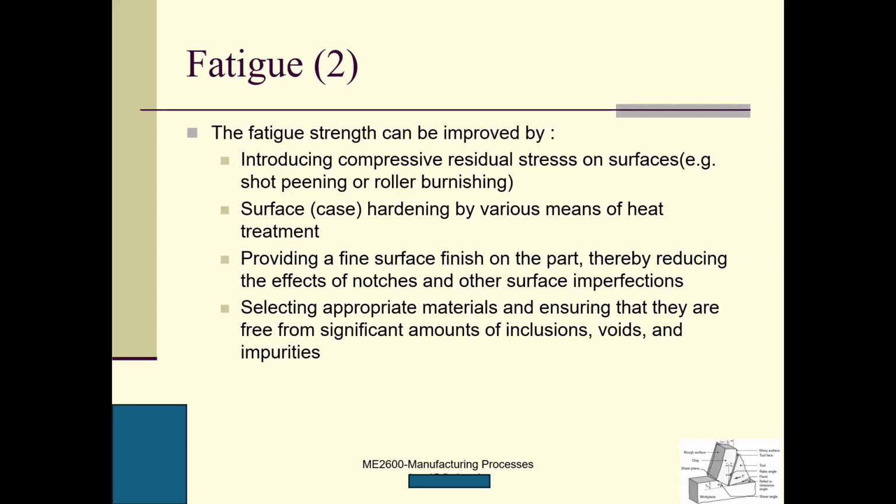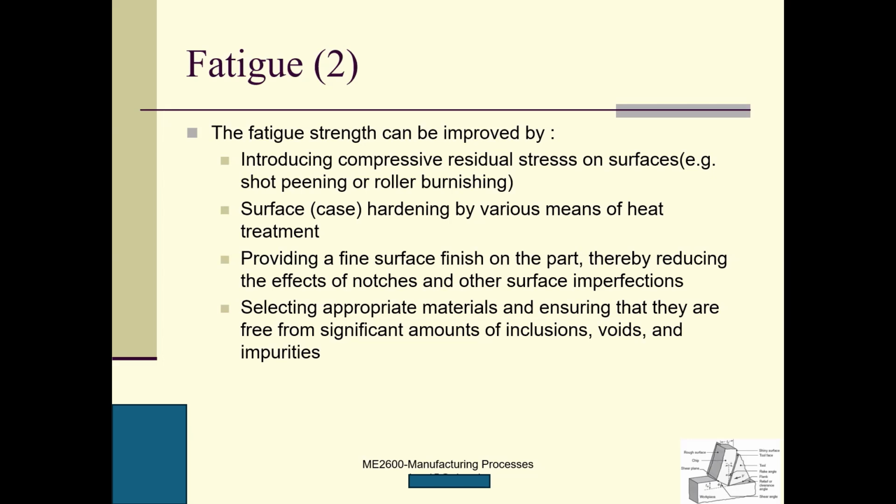The third means is providing a fine surface finish to the part, thereby reducing effects of notches and other surface imperfections. If the surface is mirror-like, that would be very awesome. Why? Because you eliminate the pre-existing cracks as much as possible.